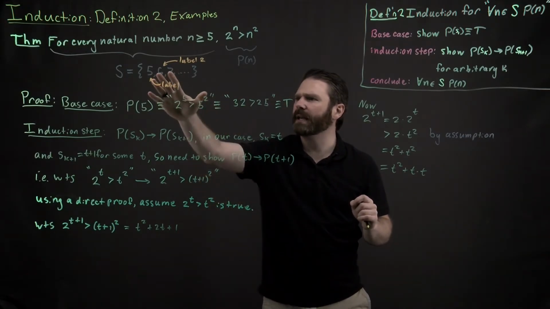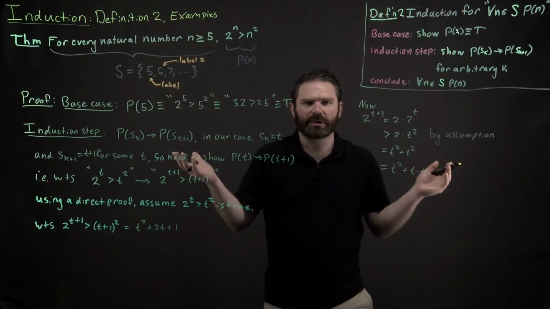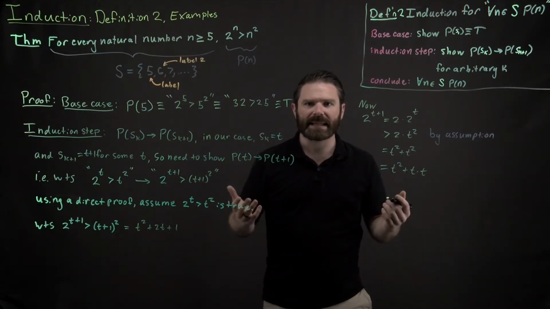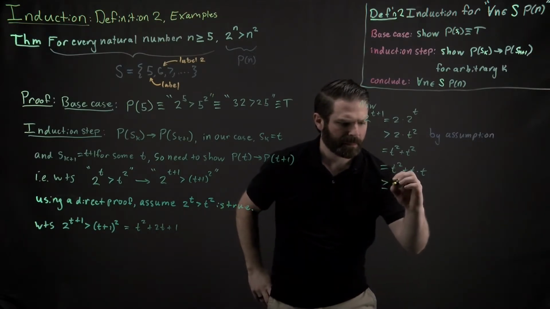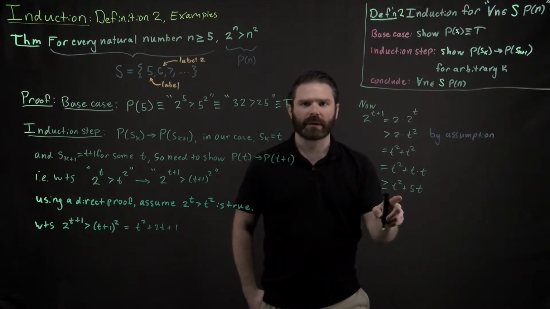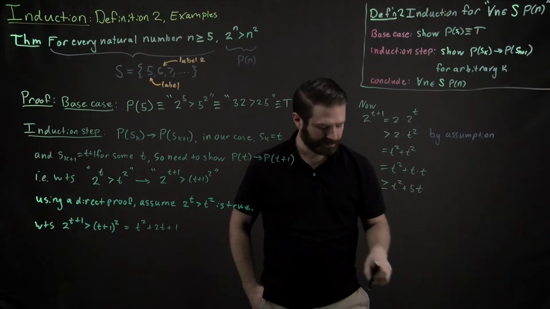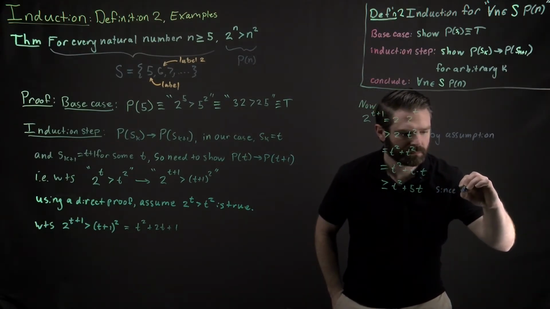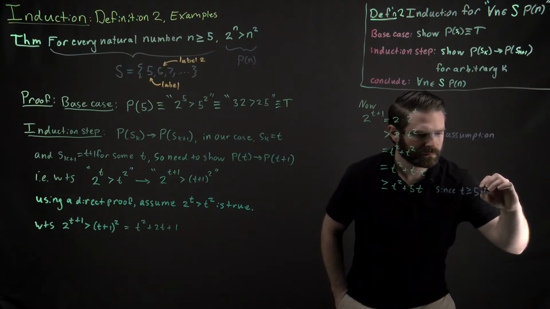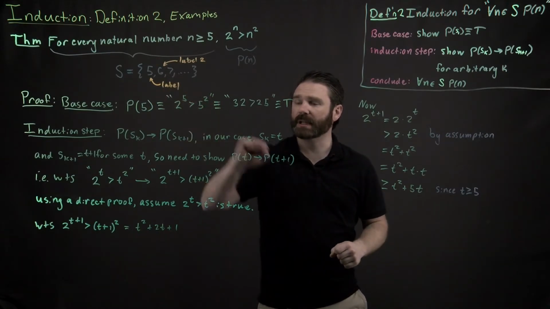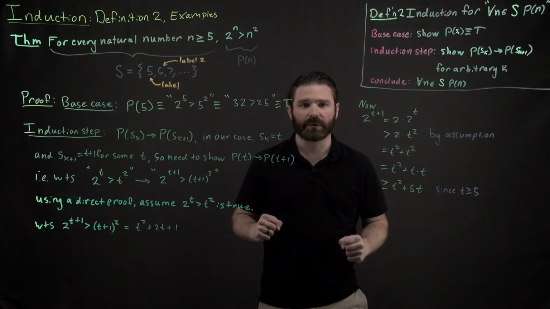Notice the set that I'm talking about, they're always greater than or equal to 5. They're always numbers that are bigger than 5. And so I can say that this is greater than or equal to t squared plus 5t, since all our t's that we're talking about in this particular set are greater than or equal to 5.